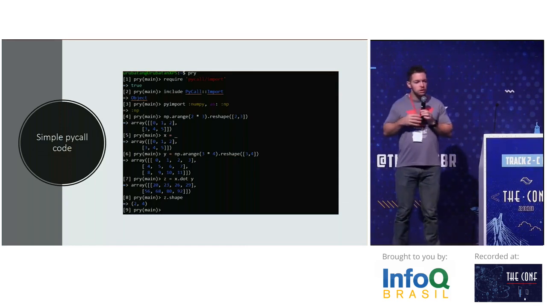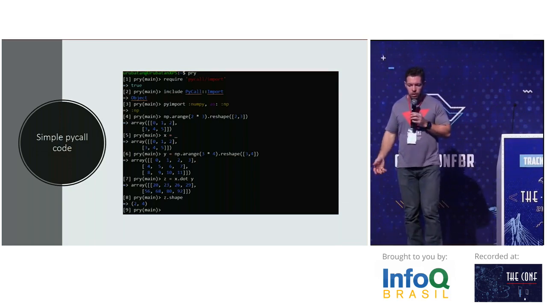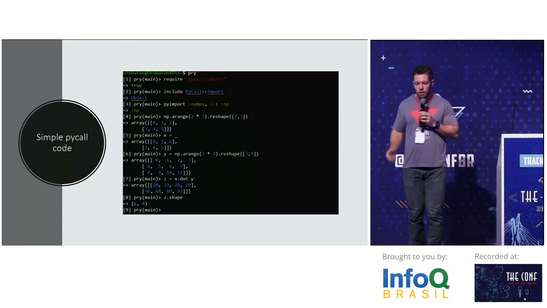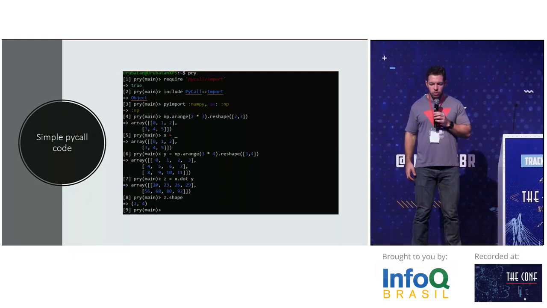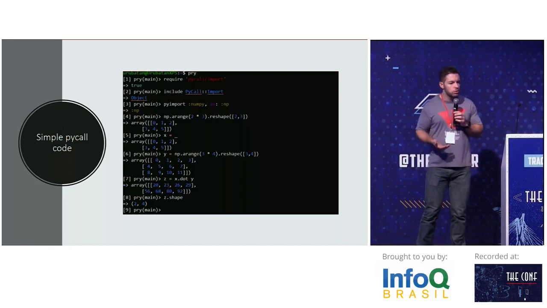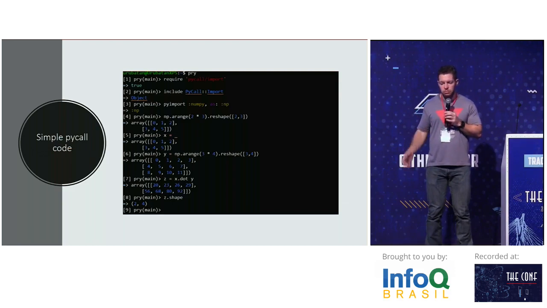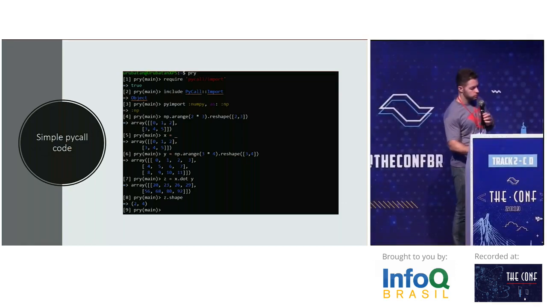For example, you just need to require PyCall/import, include the module, and then you just do PyImport Numpy and use Numpy in your Ruby code without any more problems, as if it was implemented in Ruby, and you have the same performance that you have with the native Python implementation because it's running in Python.